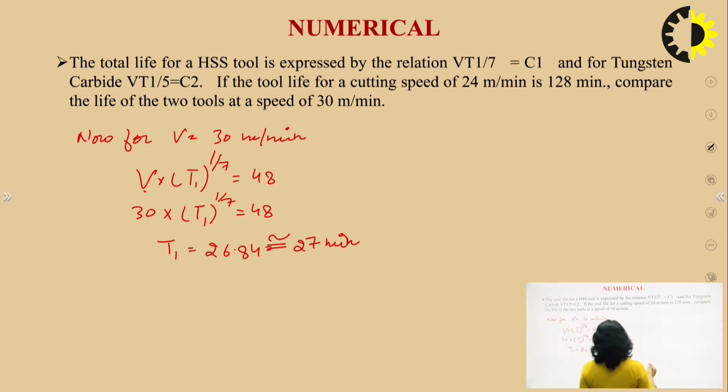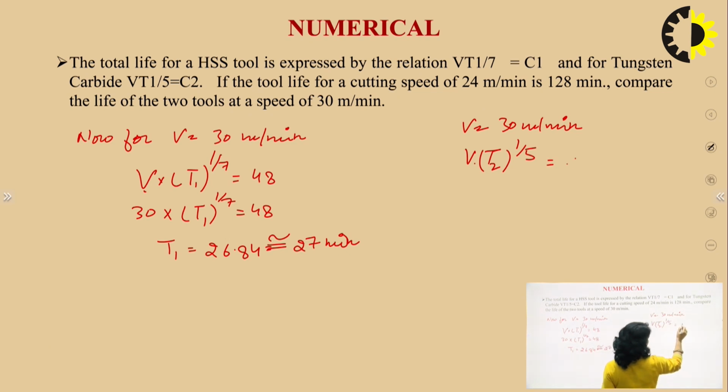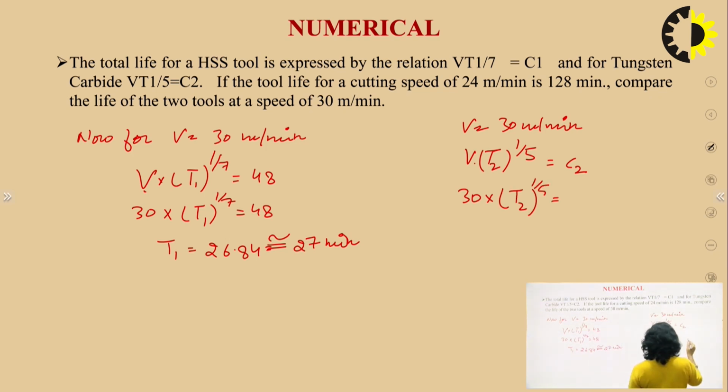Clear? Now we will do the same for the second tool, where V will be the same. We put the values: V into T2 to the power 1/5 is equal to C2. So 30 into T2 to the power 1/5 is equal to 63.33.